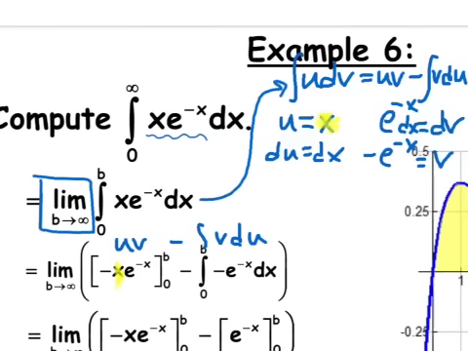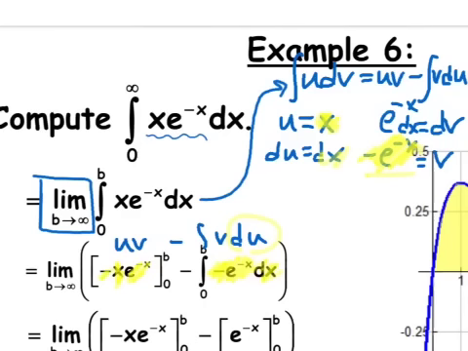And then if my v is equal to negative e to the negative x, then v is negative e to the negative x. And then minus the integral of v du. Okay, well my v is, once again, negative e to the negative x right here. So plug that in, negative e to the negative x. And my du is dx. There it is. Okay, so just straightforward integration by parts there.